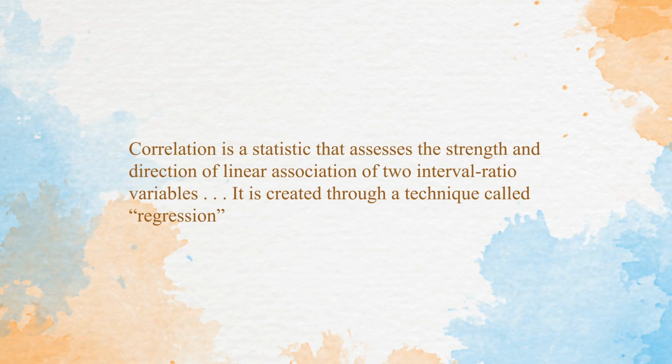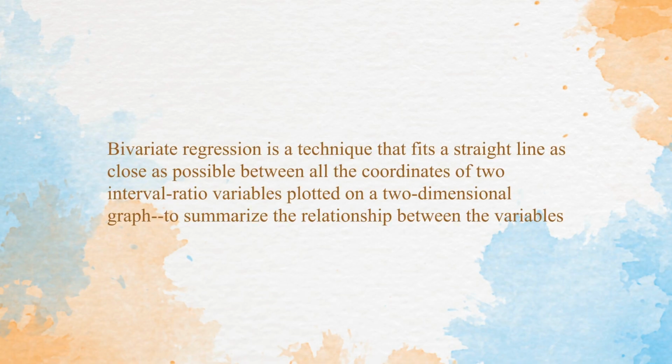It is created through a technique called regression. Bivariate regression is a technique that fits a straight line as close as possible between all the coordinates of two interval ratio variables plotted on a two-dimensional graph to summarize the relationship between the variables.